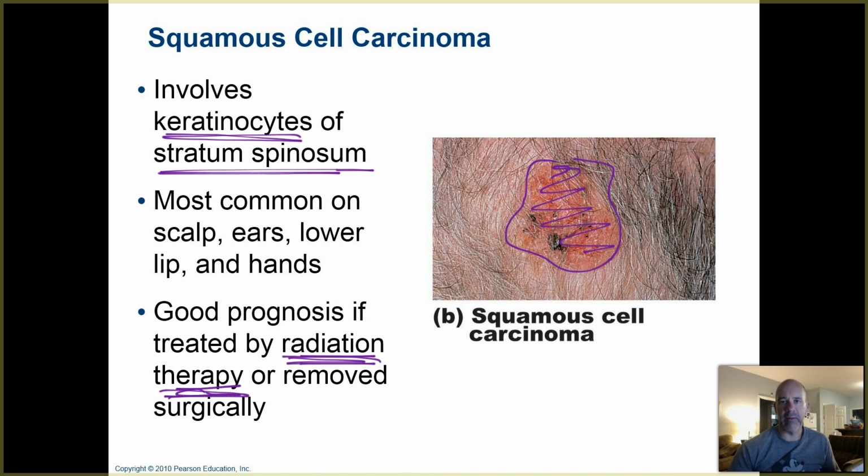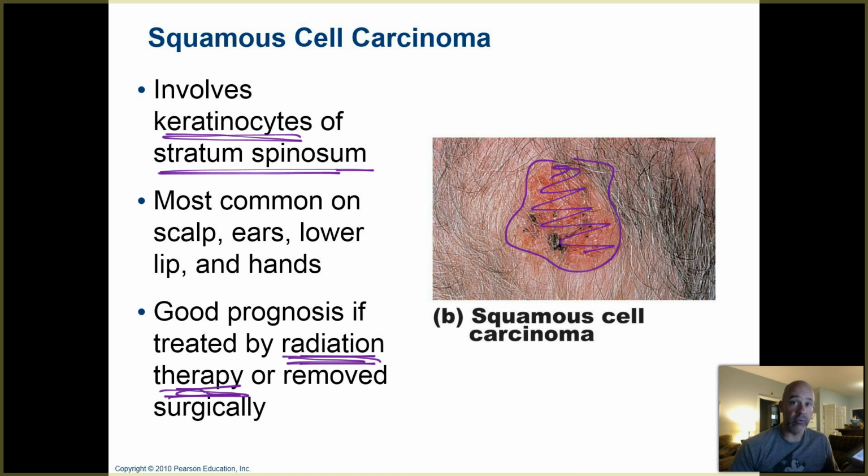Now that might sound kind of counterintuitive because we just said that ultraviolet light radiation from the sun is what triggered the cancer. And here, when you take radiation for cancer, they're blasting you with higher energy radiation, more dangerous types of radiation. They're so strong, they'll actually kill the cancerous cells as well.